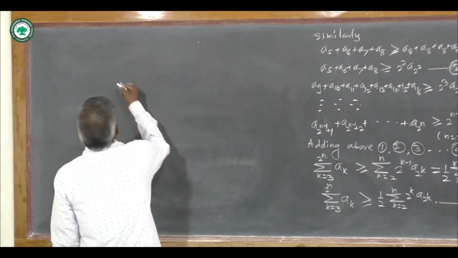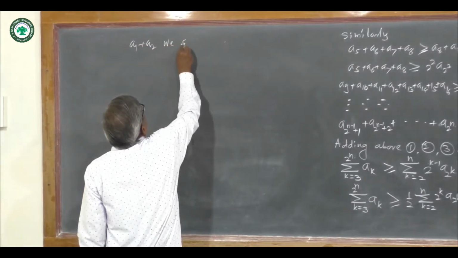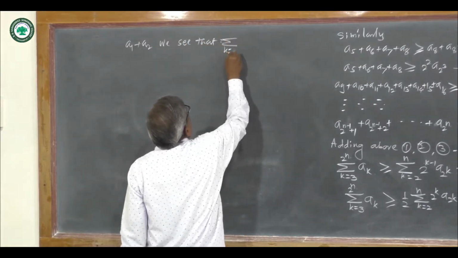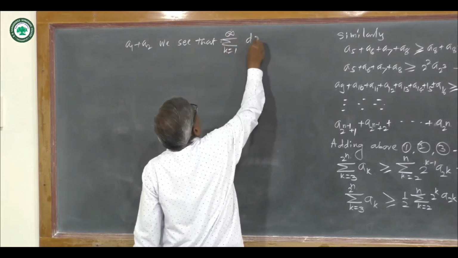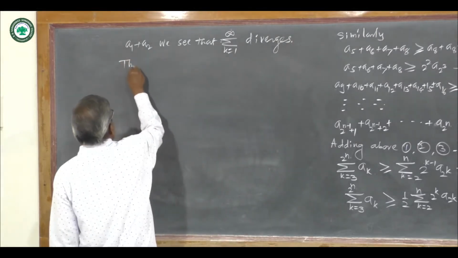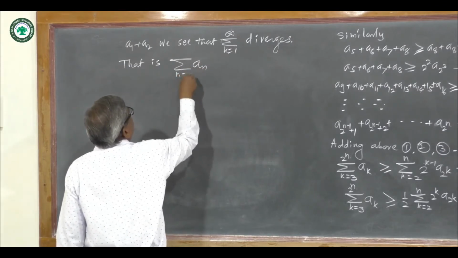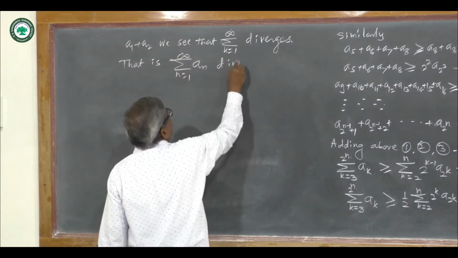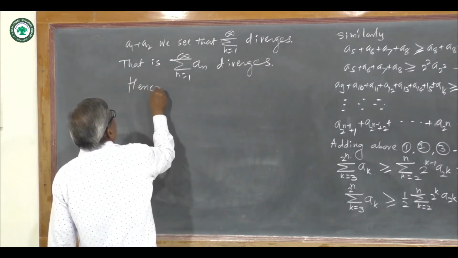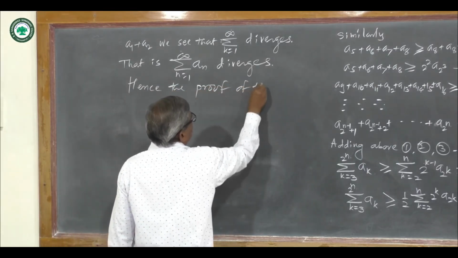That is, sigma A n, n is equal to 1 to infinity diverges. Hence the proof of theorem second.